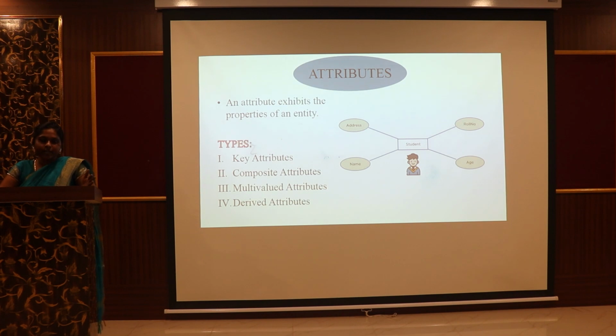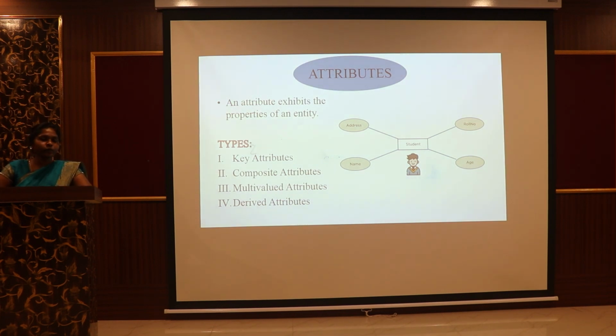They are the properties, right? Similar to that, attributes are the properties of entities. For example, when you take a particular student, you have address, roll number, age, name, all the attributes of the student. So that is called attributes.